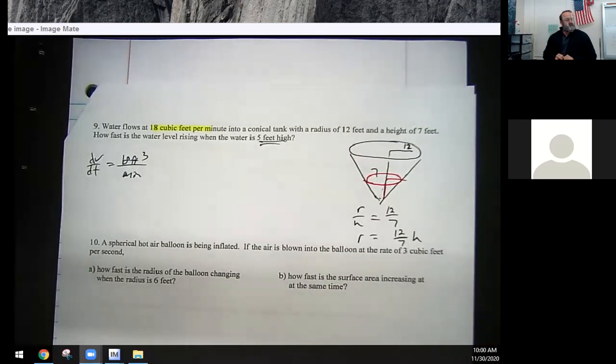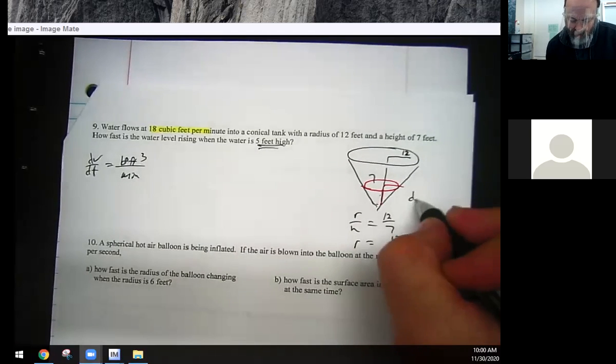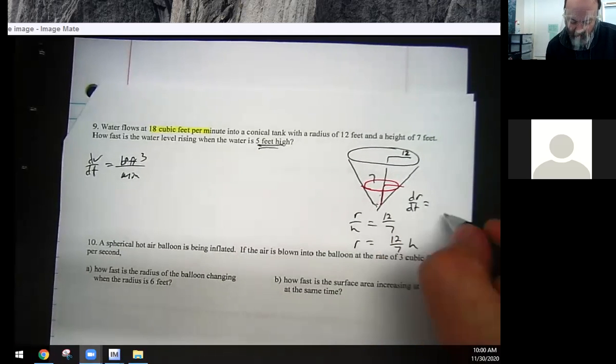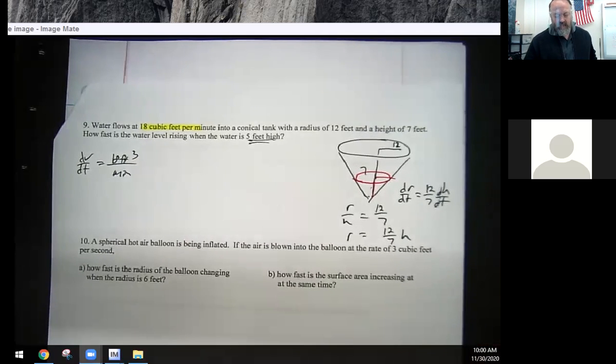So we could say that dr/dt is 12/7 dh/dt. In this problem, it asks what dh/dt is, but if I had dh/dt, I could just multiply by 12/7 and get dr/dt. They go hand in hand that way.